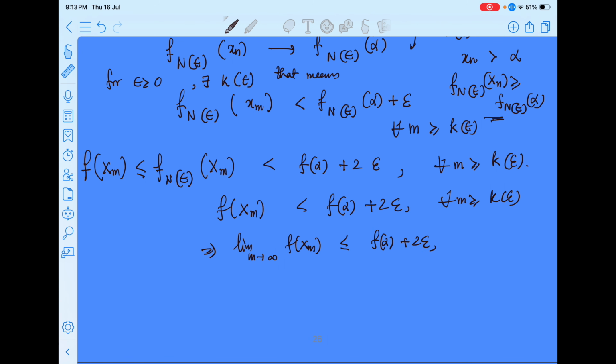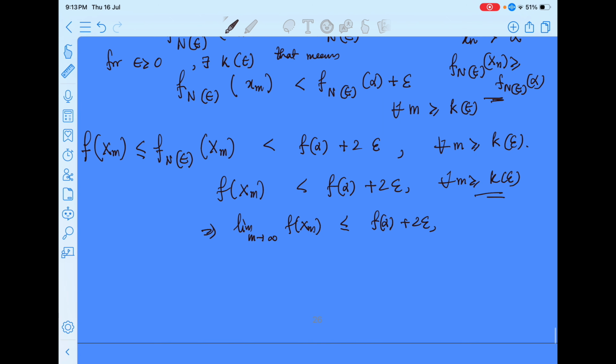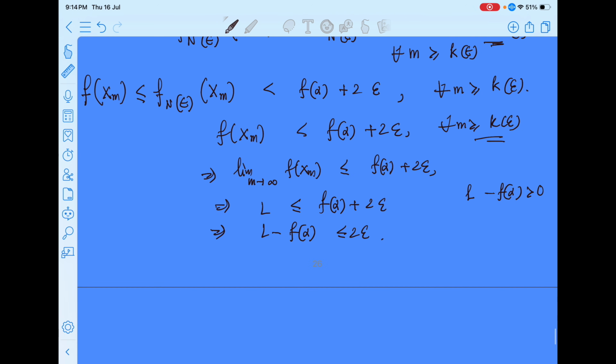We can take m tends to infinity because m is greater than or equal to k epsilon. So L minus f of alpha is less than or equal to 2 epsilon. But we assumed L minus f of alpha is strictly greater than 0. This is not possible, because this argument is true for all epsilon. So L has to be f of alpha.